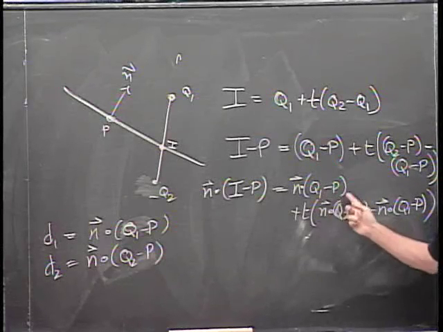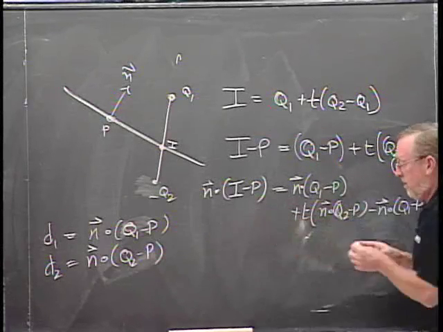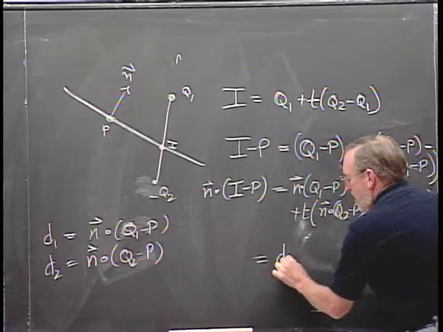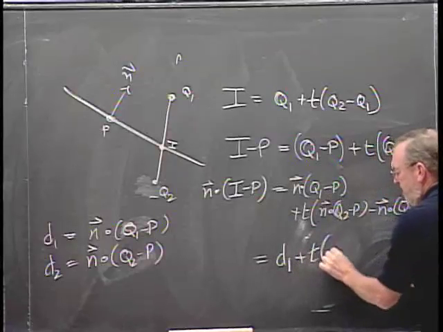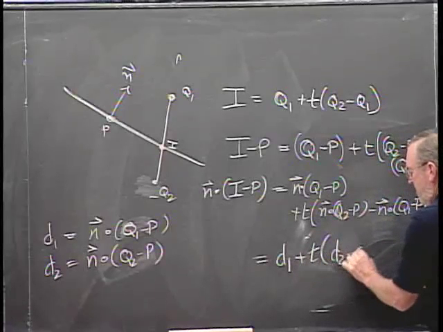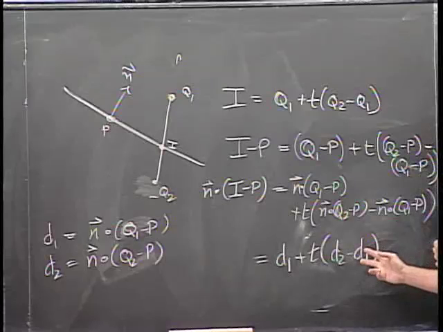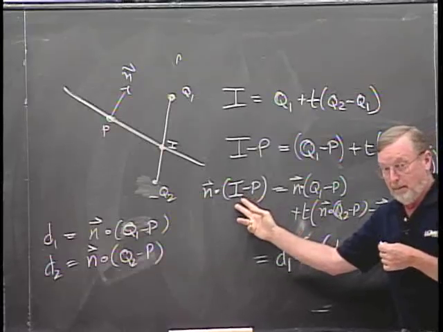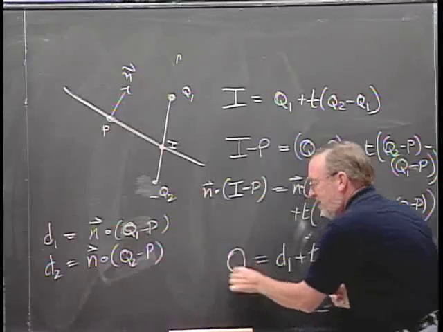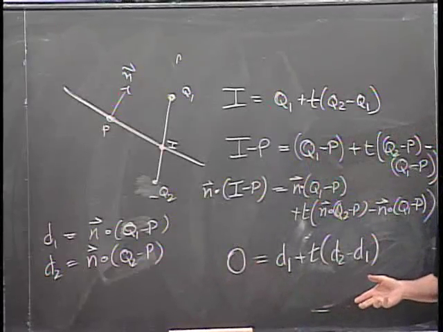Okay, so this guy is D1, plus T times D2 minus D1, and this guy is 0, because I is on the plane, right?